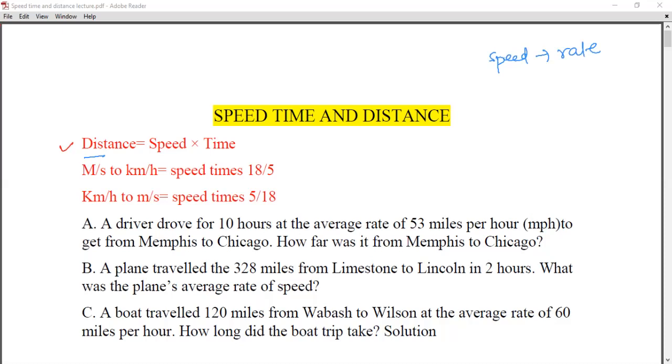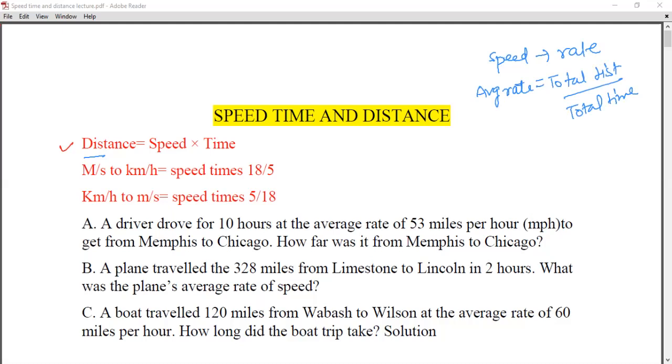We can also treat this rate as average rate. Average rate equals total distance over total time, or total anything per total anything. So distance equals speed times time.